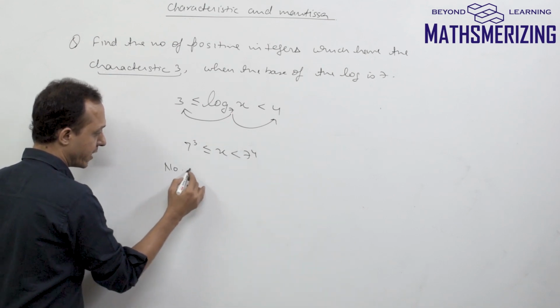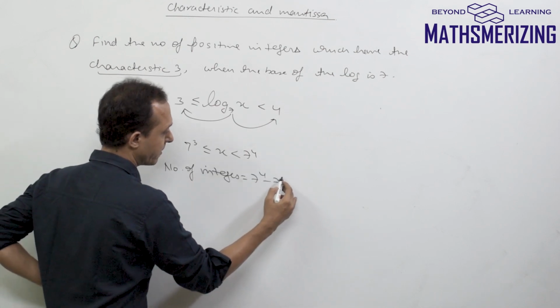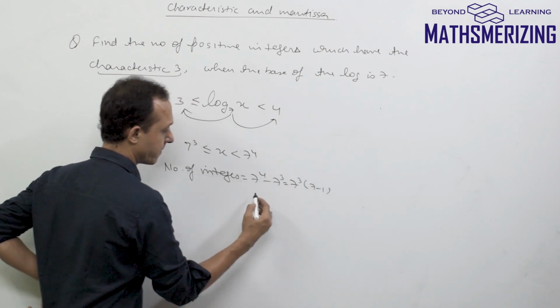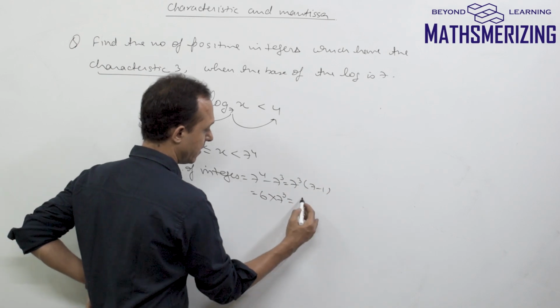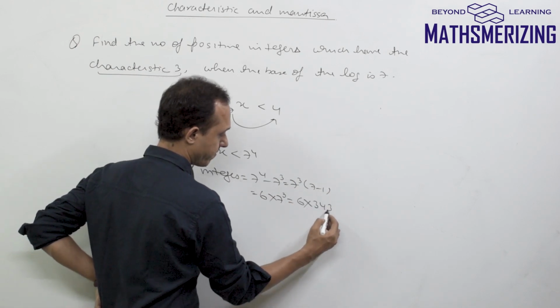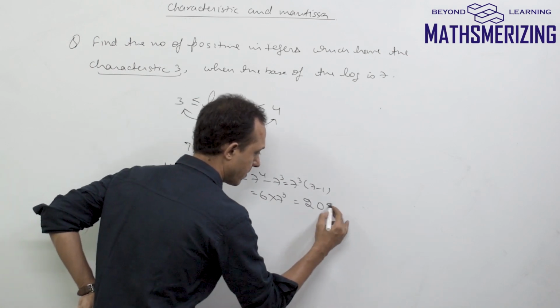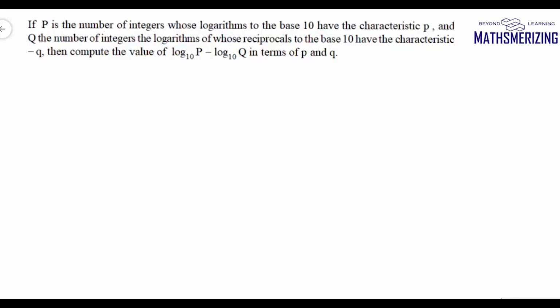So therefore the number of such integers is given by 7 to the power 4 minus 7 to the power 3, which is 7 to the power 3 into (7 minus 1), 6 into 7 to the power 3, which is 2058.